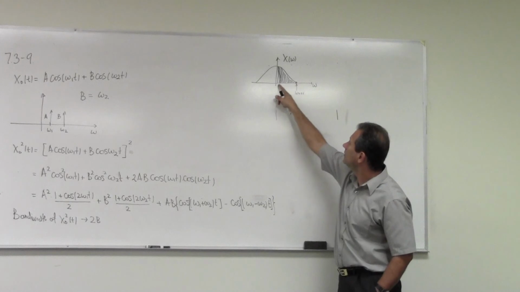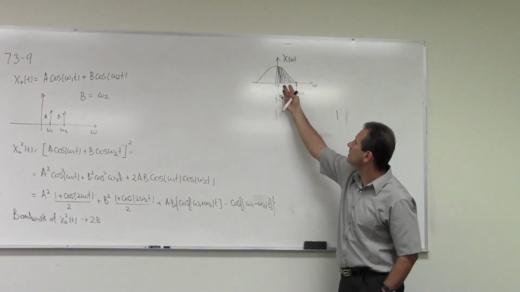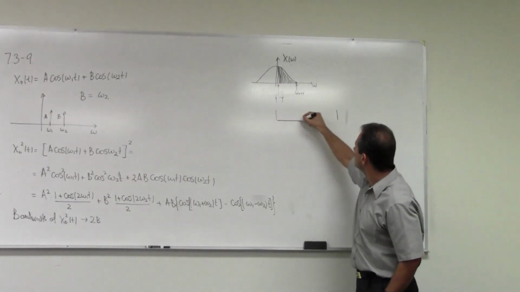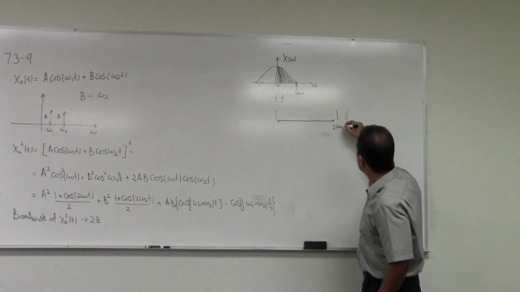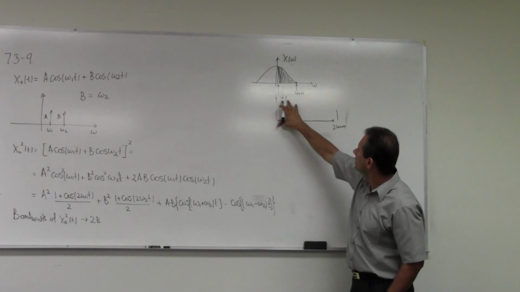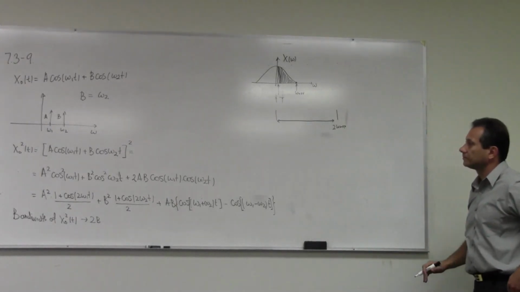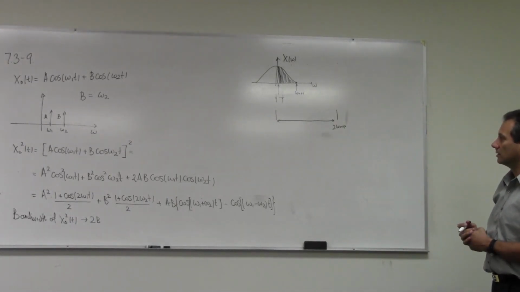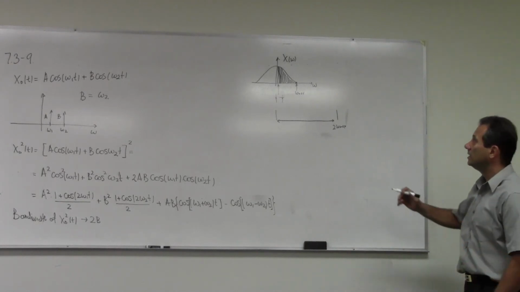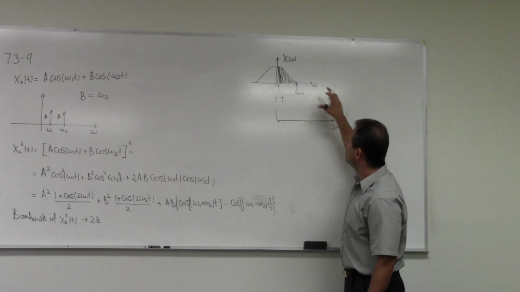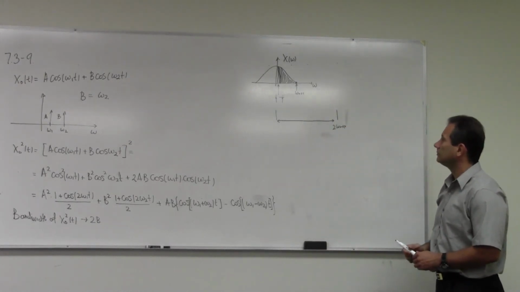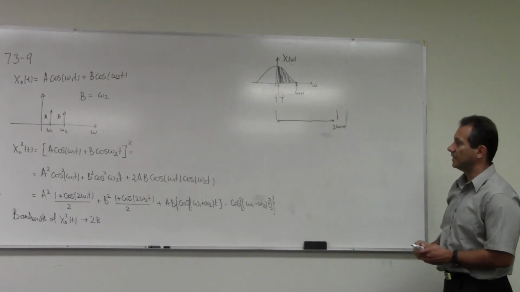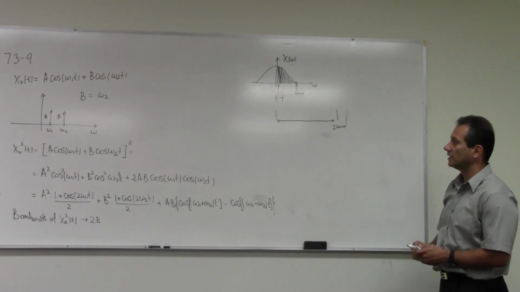So all the other pairs of spectral components that I pick will give me spectrum in this range. So the range occupied by the square of a signal will be between 0 and 2 omega max, where omega max is the maximum frequency in the spectrum of the signal.